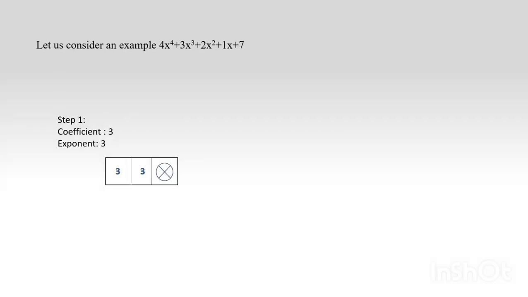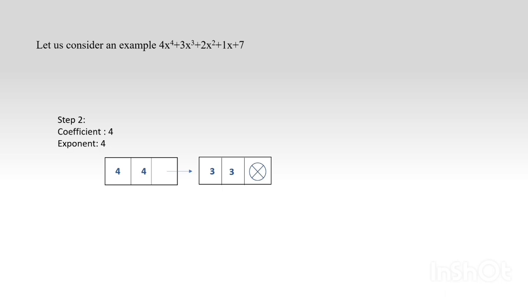See, now the first node is created. Let us consider this example: 4x^4 + 3x^3 + 2x^2 + 1x + 7. I am not creating the polynomial in order. The first step is I give the coefficient 3 and the exponent 3, so the new node is created. Now I give the values coefficient 4 and exponent 4.